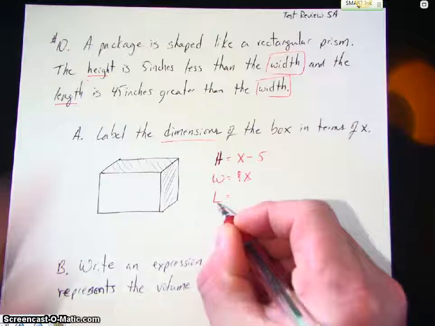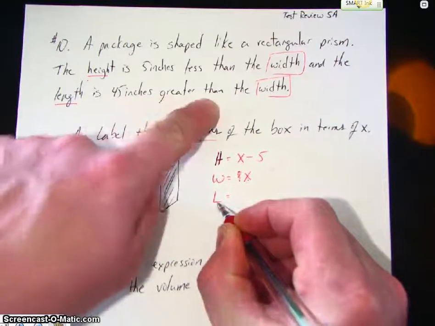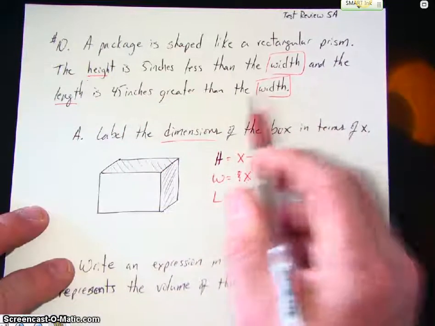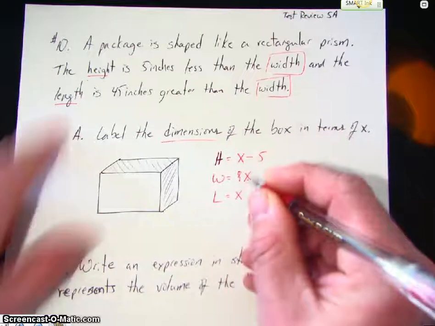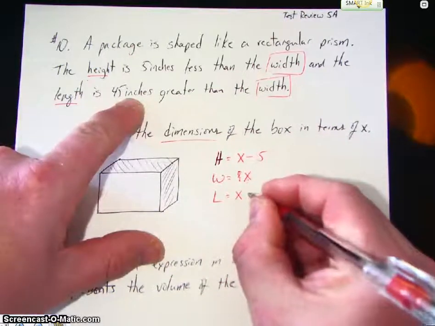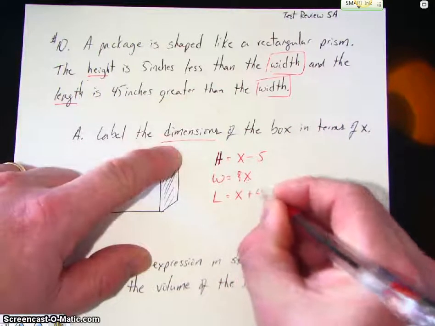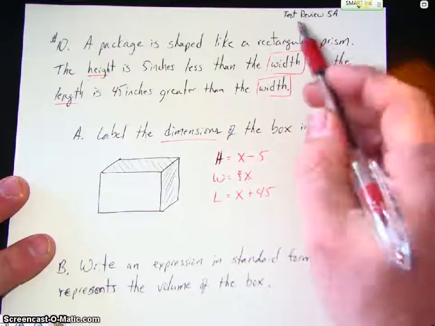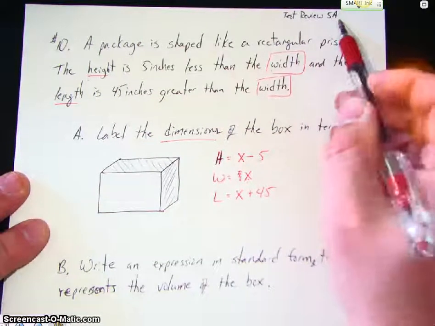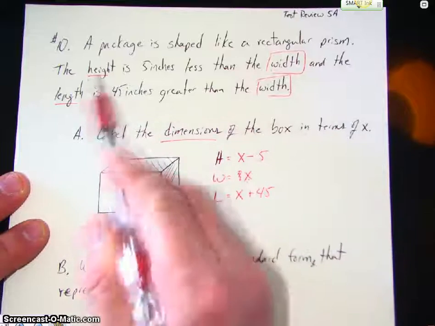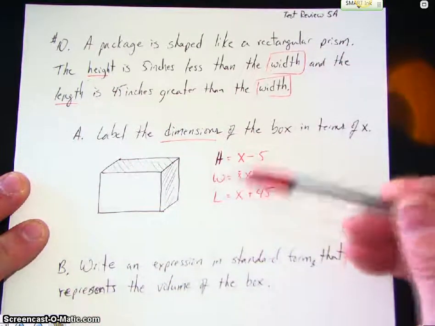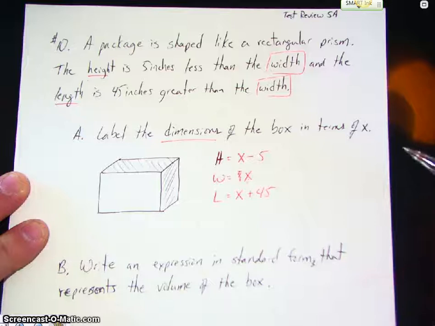The length is 45 inches greater than, so that means plus, than the width. So if the width is x, the length is 45 inches greater than, so it'll be plus 45. Okay. So on the actual test, on the test 5A, you're going to be given a statement very similar to this, and you've got to figure out which one is going to represent x.